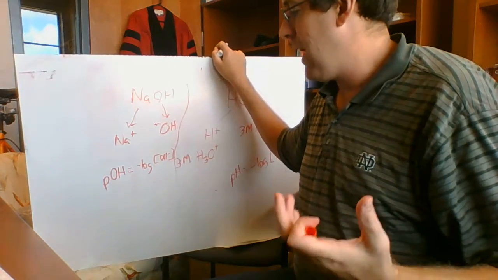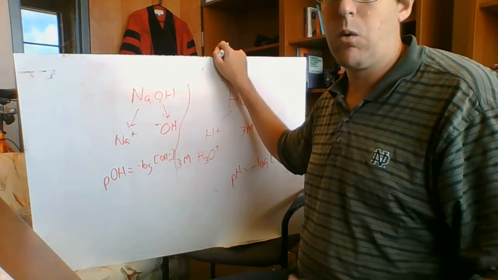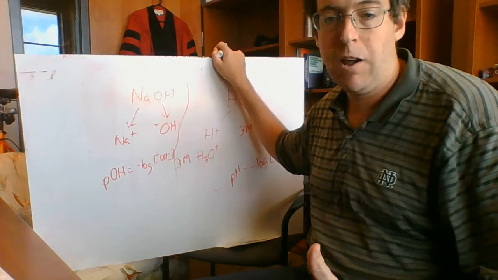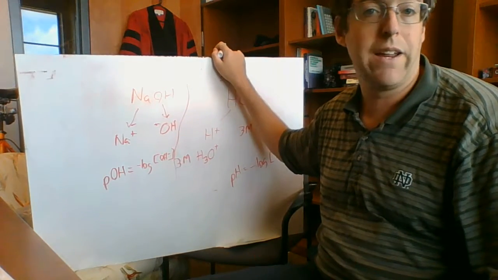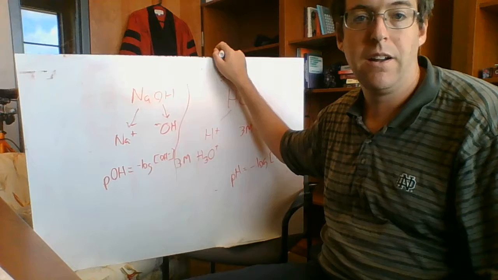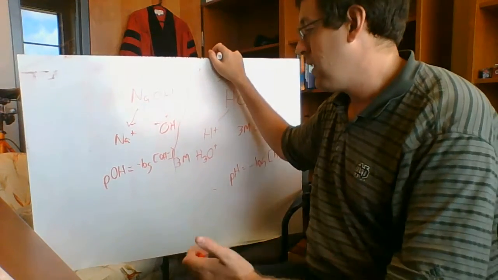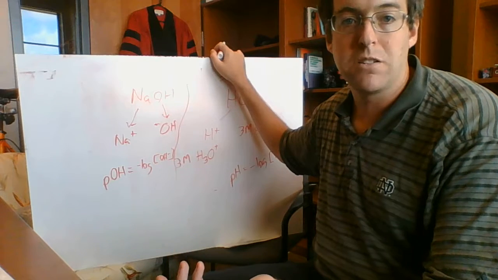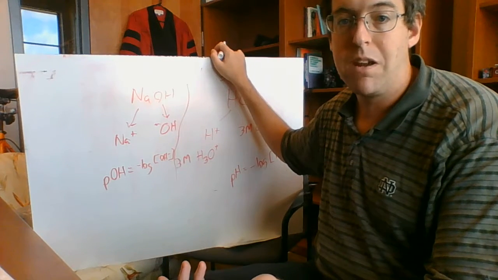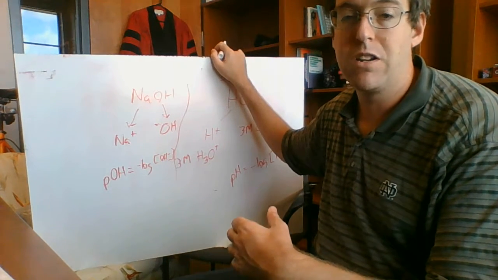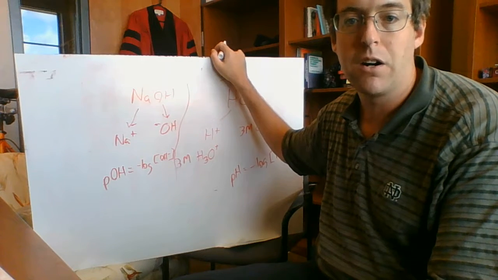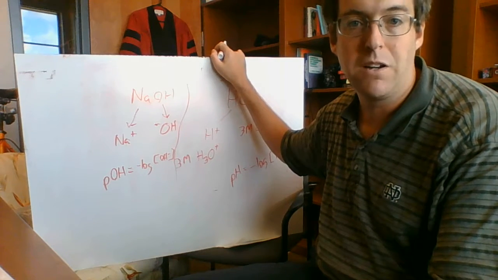So if we know pOH, we're dealing with water. Water, just like any other acid, has its own Ka value. In the case of water, the Ka value is 10 to the minus 14th, which means that if we take the pKa of water, it's going to be 14.